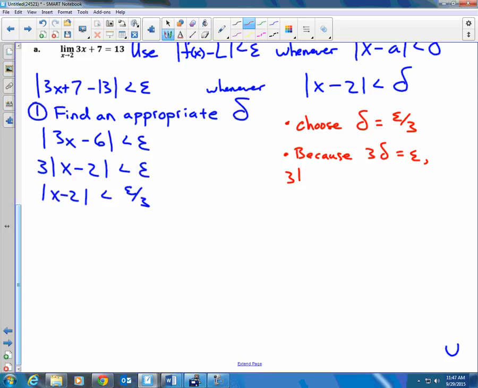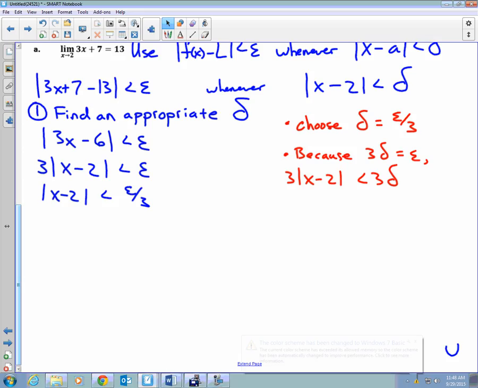We know that 3 times the absolute value of x minus 2 is less than 3 delta. So all I did was multiply both sides of this by 3, right? I'm going to use that. In your proof, you have to write everything in blue. You don't have to write this red stuff. I'm writing this red stuff to help you understand the next statement.